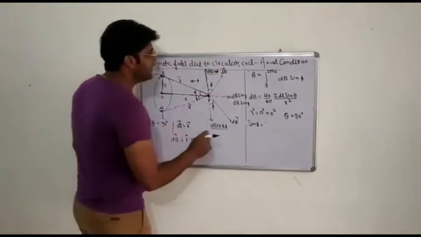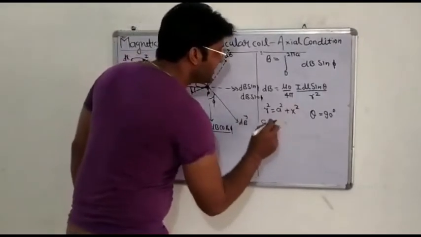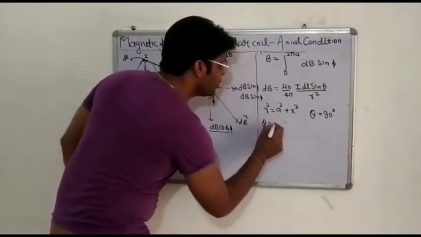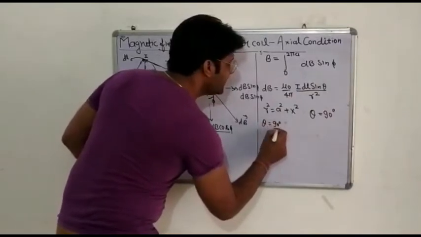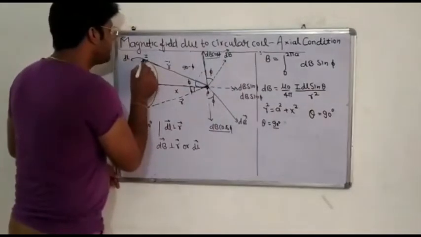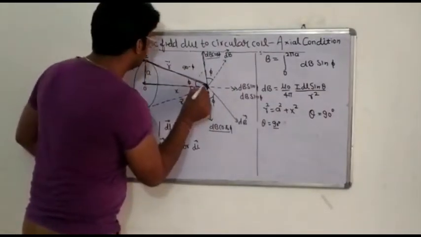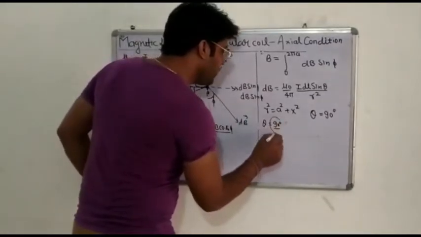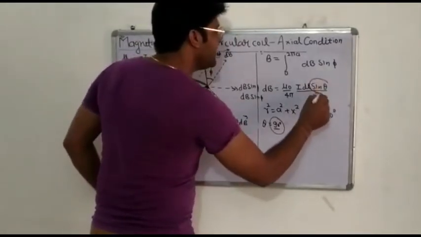So sin theta, actually theta is the 90 degree, don't be confused about it. This theta is the angle between the displacement vector, that is r, and this dl. So this is 90 degree, we will put here sin 90, that is 1.